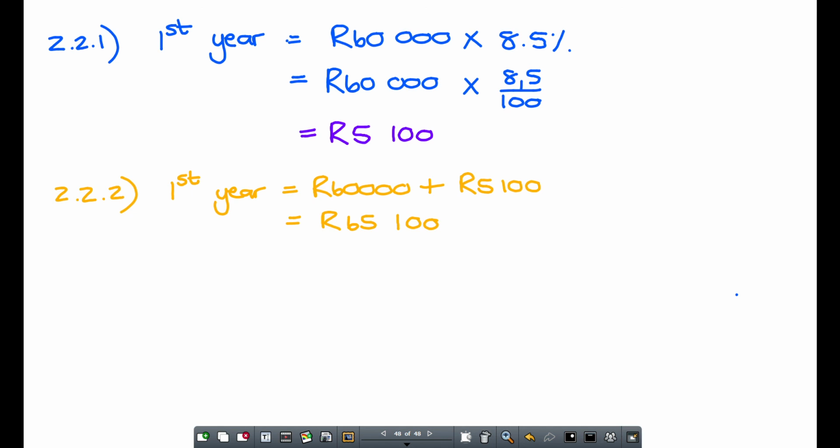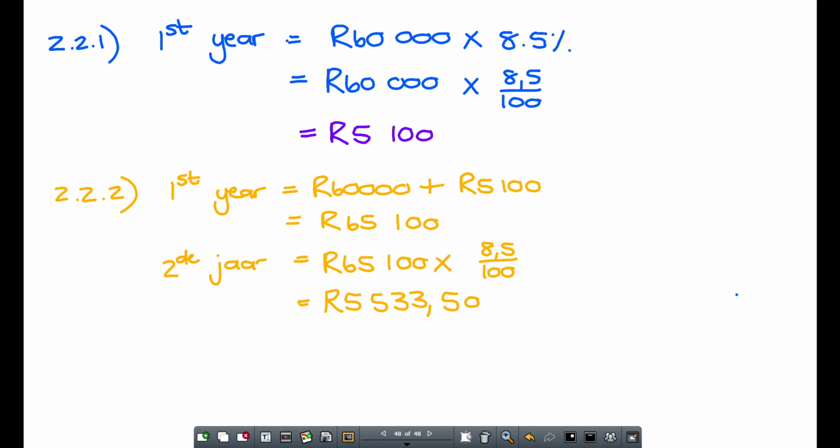Okay, nou die tweede jaar. Sy moet nou gaan rente uitwerk op daai 65,000. Nee, so kom ons werk gou eers uit wat is die rente. So ek gaan vat 65,100 maal 8,5%. I'm going to write it as 8,5 over 100. So that means it's going to be 5,533,50. Nee? Ek gaan nou hier skryf interest.